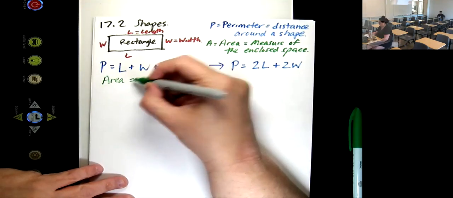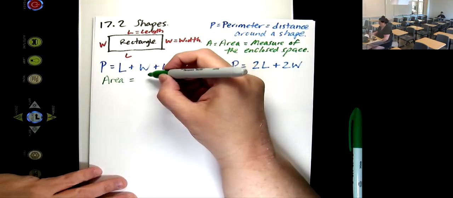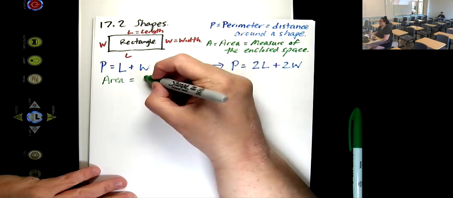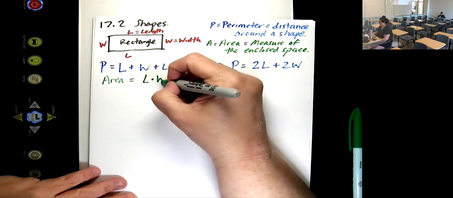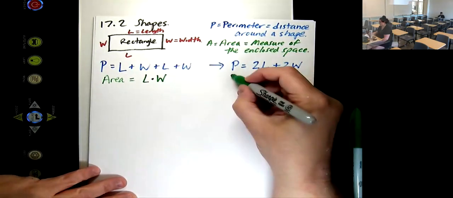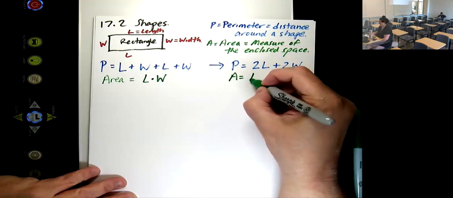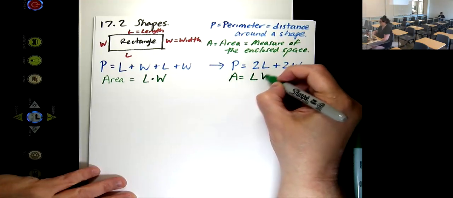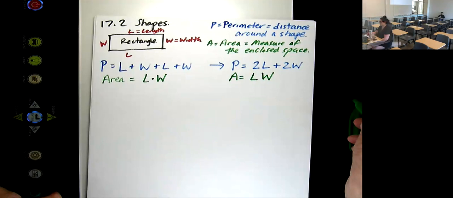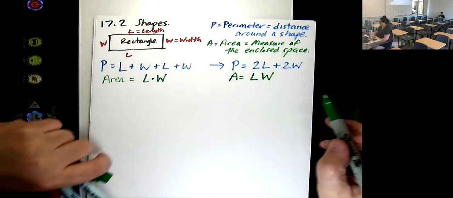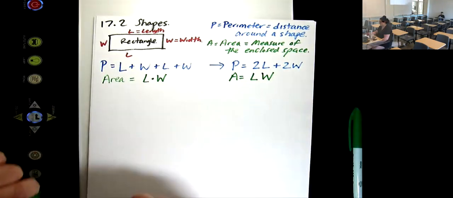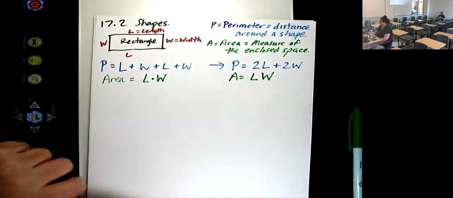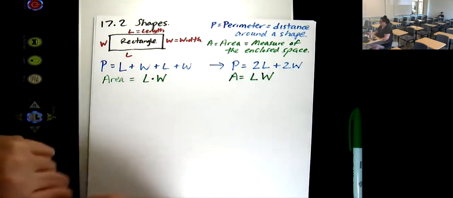The area is usually a multiplication thing. In fact, I can't think of one where it's not. For a rectangle, it's length times width. You can either have the dot in there or not; oftentimes they don't put the dot. So this is for rectangle.